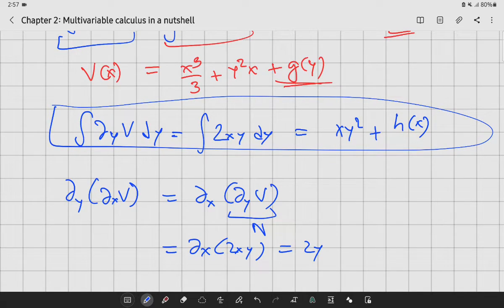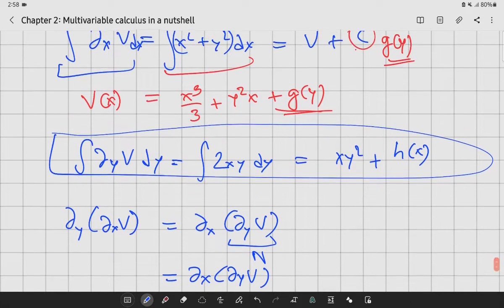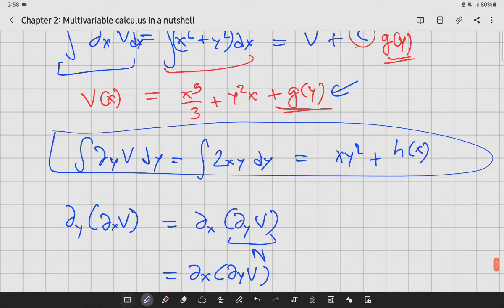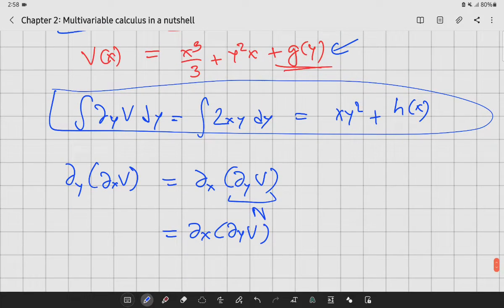Well, wait a minute, I made a mistake in here. So partial y of v, what is it? I'm going to substitute this v, x cubed over 3 plus y squared x plus g of y. If I take the derivative with respect to y first, what will I get? X cubed over 3 gives me 0, y squared gives 2yx, plus g prime of y, the derivative of g with respect to y.